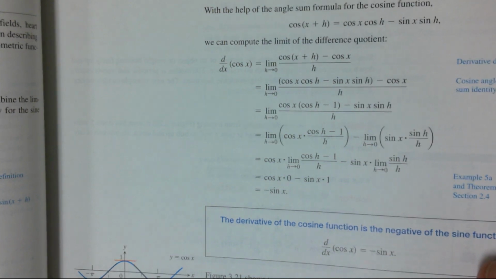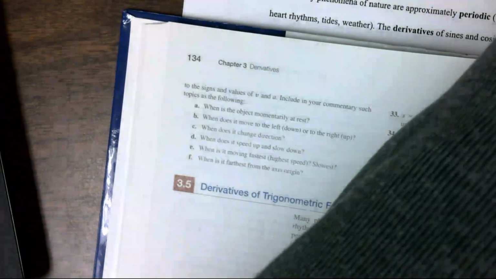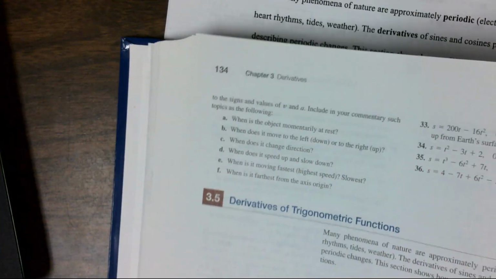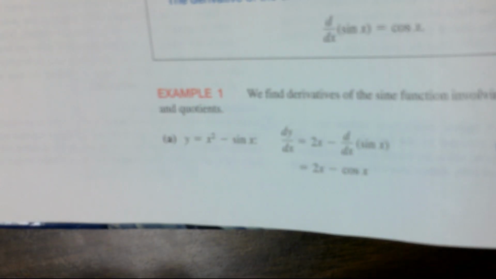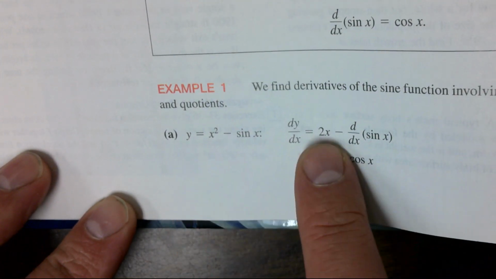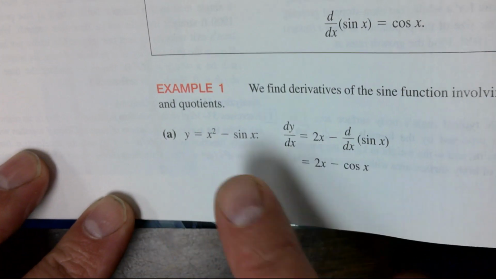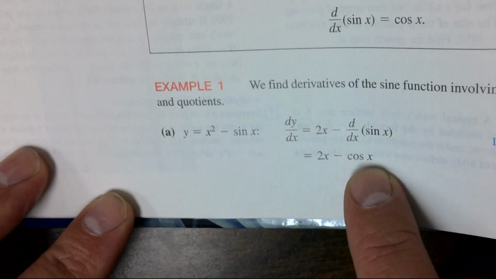Now, what you are going to have to do are like the examples. And we'll show you our own examples like we normally do. Let me just adjust the angle of this thing. So you are going to have to do things like the derivative of x squared is 2x, because you take your power down and you have your minus, and then the derivative of sine is positive cosine, and that's your answer.